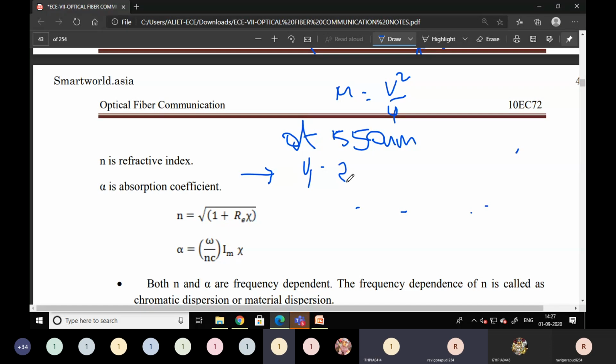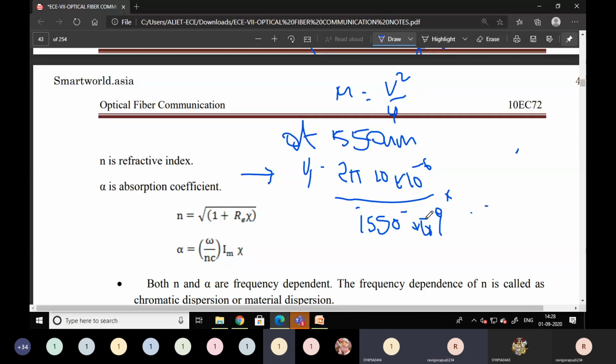That is 2 pi, and what is the A value? He has given 20. 2 pi into 20 into 10 power minus 6, by lambda, 1550 into 10 power minus 9, into NA.